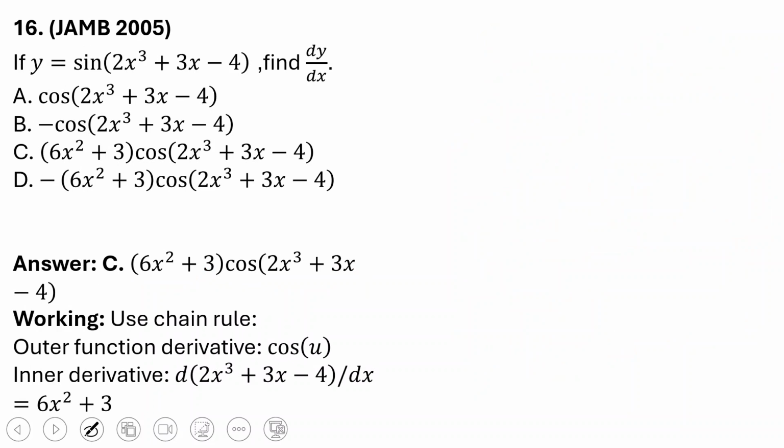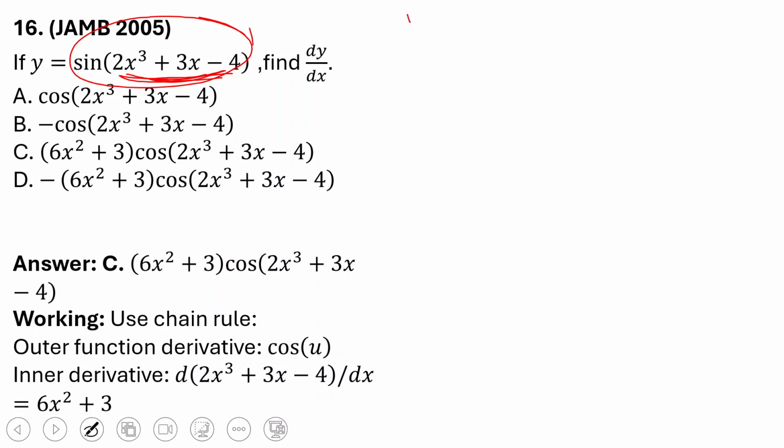So number 15, you have a function of a function. What do I mean by that? I have this linear function inside a trigonometric function. There's a polynomial function inside a broader sine function.